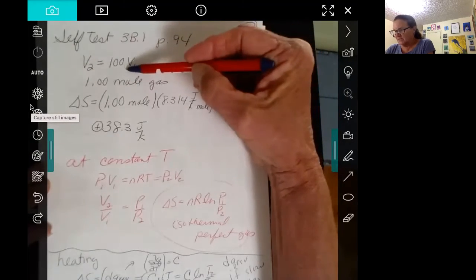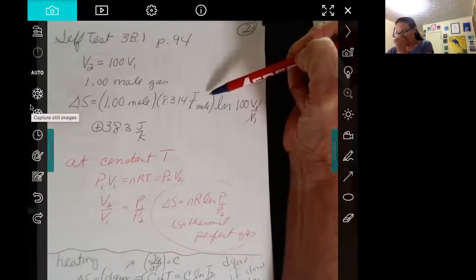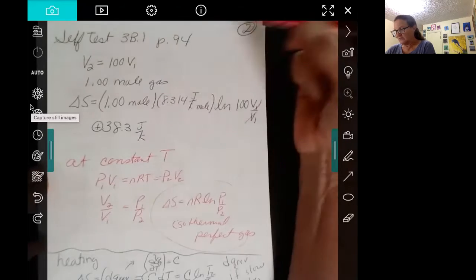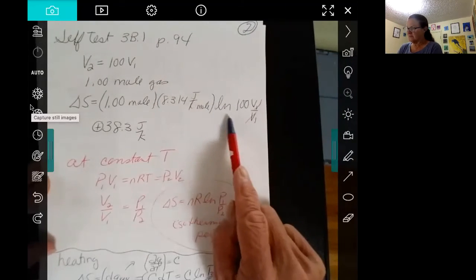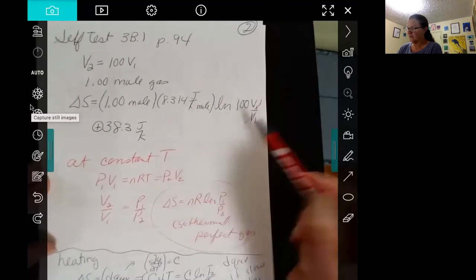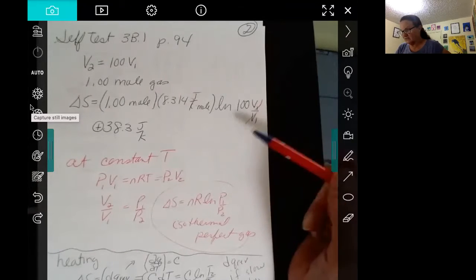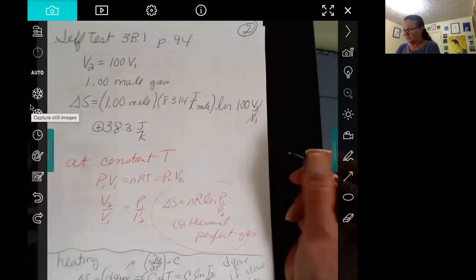Volume 2 equals 100 times volume 1. We have 1 mole. If we put in the gas constant in joules per K mole, we'll end up with units of joules per K for our entropy. So 1 mole times the gas constant times the natural log of V2 over V1. And if it's 100 times bigger, then you're going to take the natural log of 100, and you end up with a positive entropy change of 38.3 joules per K.